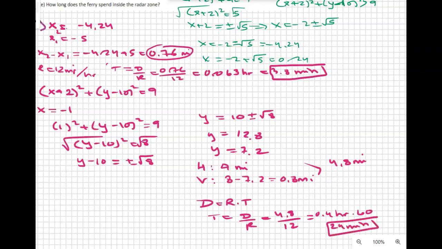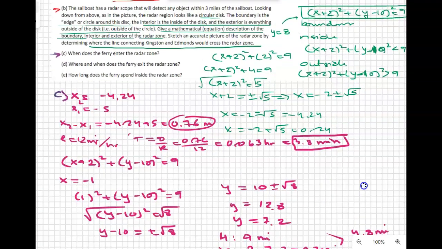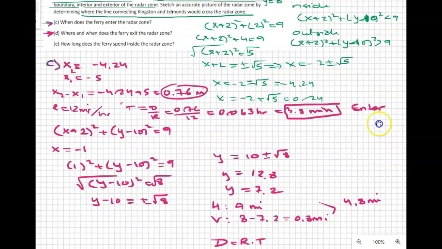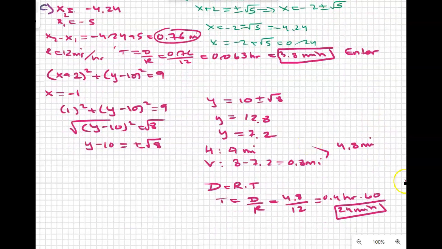Alright, so there were 2 times. These times give me the answers. When does the ferry enter the radar zone? That was part C. And the second answer is for part D: when does the ferry exit the radar zone? So this is exit.